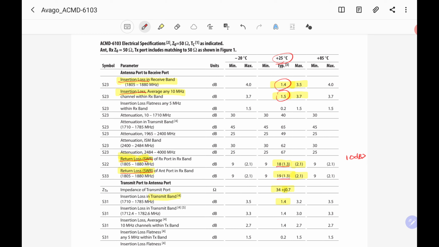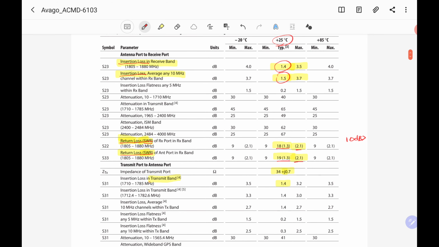And then SWR, right? We learned the voltage standing wave ratio. It shows 2.1. So this return loss and SWR are representing the same phenomenon but with different numbers, right? So 18 dB is equal to 1.3 SWR.